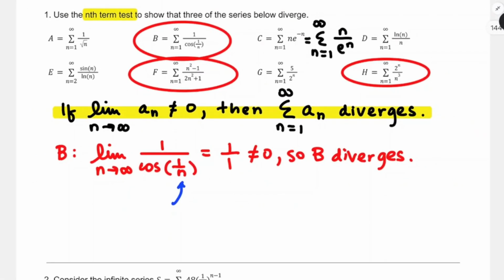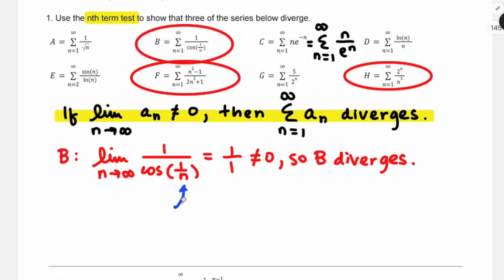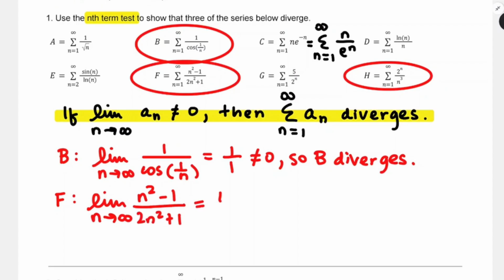For F, the limit of these terms is going to be 1/2, because the limit as n approaches infinity of n squared minus 1 divided by 2n squared plus 1 is a half, and that's not equal to 0. Therefore, F diverges as well.